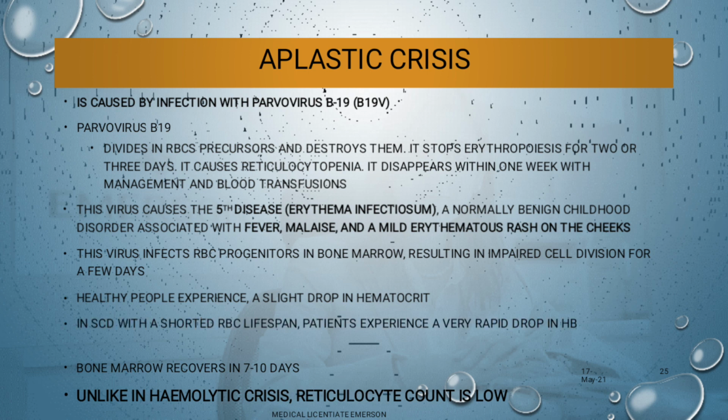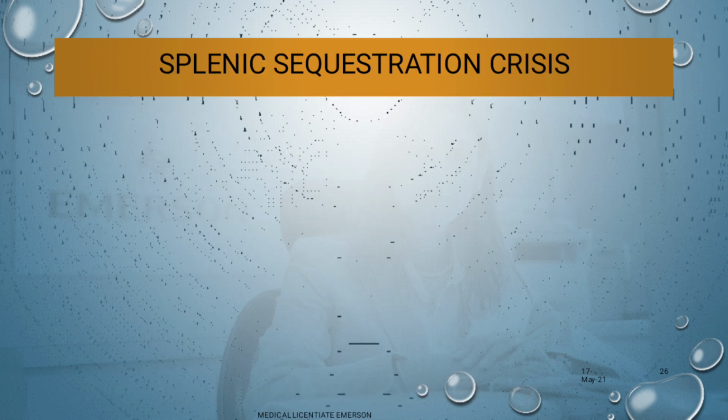But in a sickle cell disease patient with a shortened RBC lifespan, patients usually experience a very rapid drop in the red blood cells and then the hemoglobin. Okay, then the bone marrow usually recovers in 7 to 10 days. Then, unlike in hemolytic crisis, the reticulocyte count is actually low. Okay, that's one of the distinguishing factors.